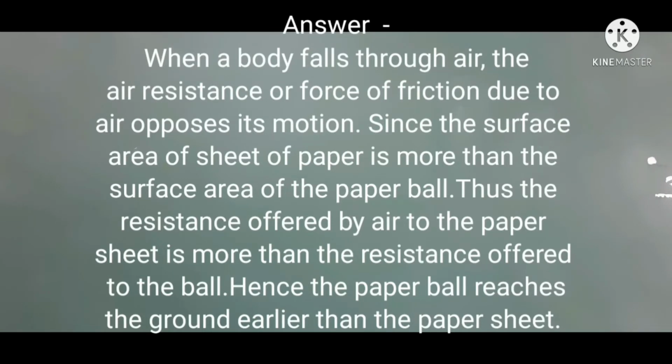Since the surface area of sheet of paper is more than the surface area of the paper ball, thus the resistance offered by air to the paper sheet is more than the resistance offered to the paper ball. Hence, the paper ball reaches the ground earlier than the paper sheet.